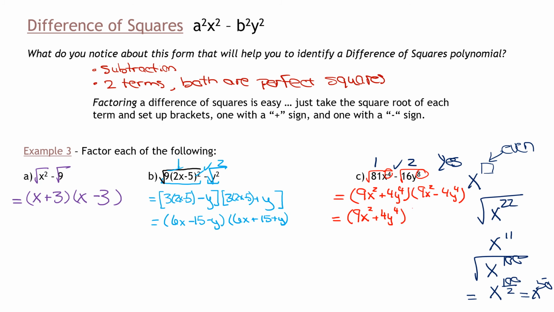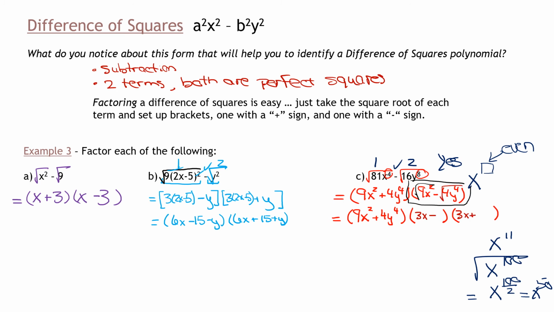And now I'm going to set up two more brackets because I have to break down that second set of brackets. Right now I'm working on this one right here. Square root of the front term, that is a 3x at the front, 3x, 1 plus sign, 1 minus sign.